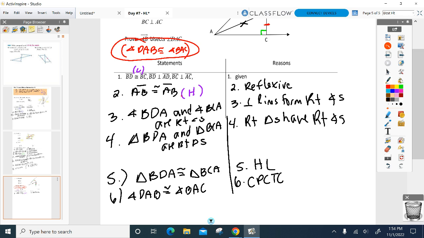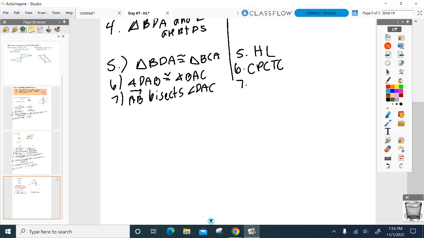And now you're saying to yourself, wait, if those two angles are congruent, then AB has to bisect DAC. Now we got to talk about the reason here, because I know many of you are in the mode of definition of bisects. Nope.